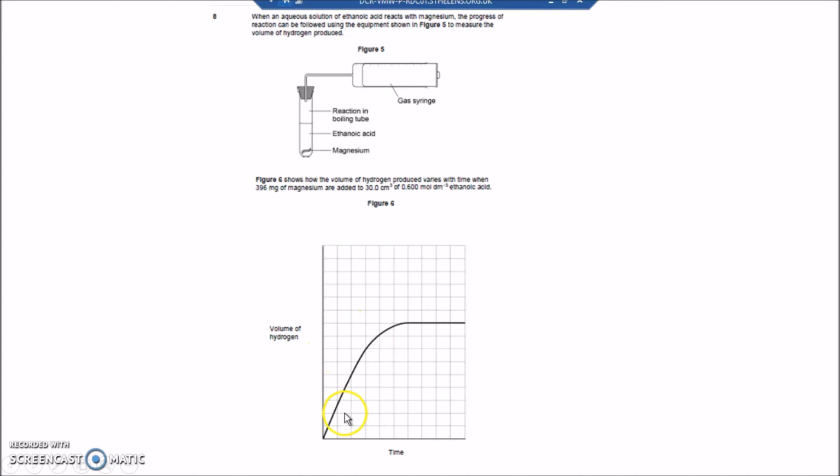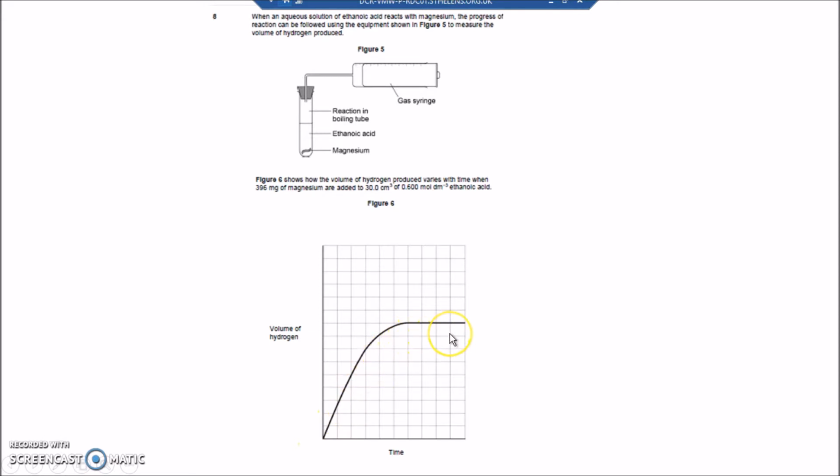So 0.016 would go up to this graduation here. So 0.018 goes up to here if I go up in 0.02s, and 0.016 goes to here. So my graph will go up to this line.